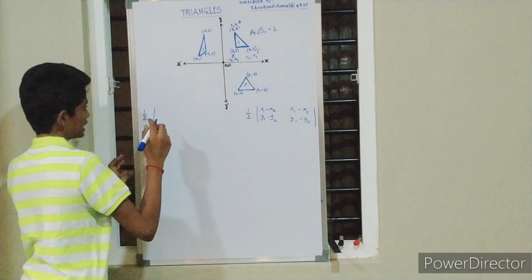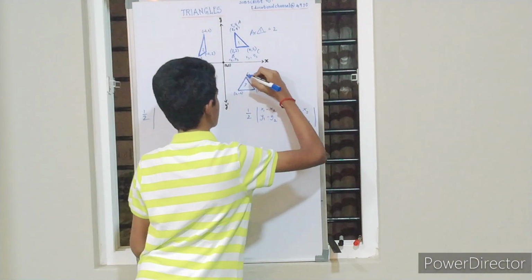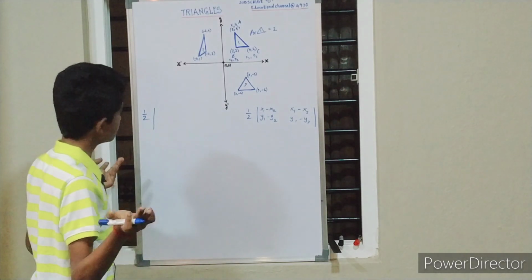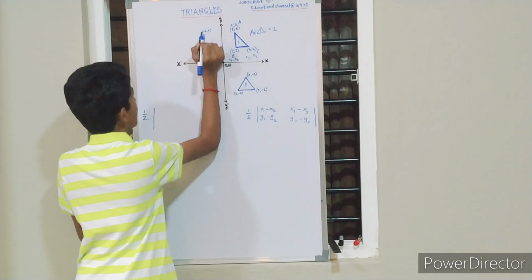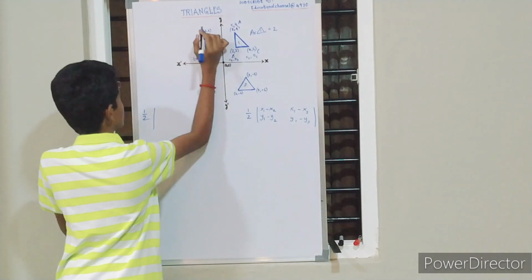Okay. Now half of x1 minus x2. Again here we are going to call them, no need of ABC, right? Anyway, they are not useful.